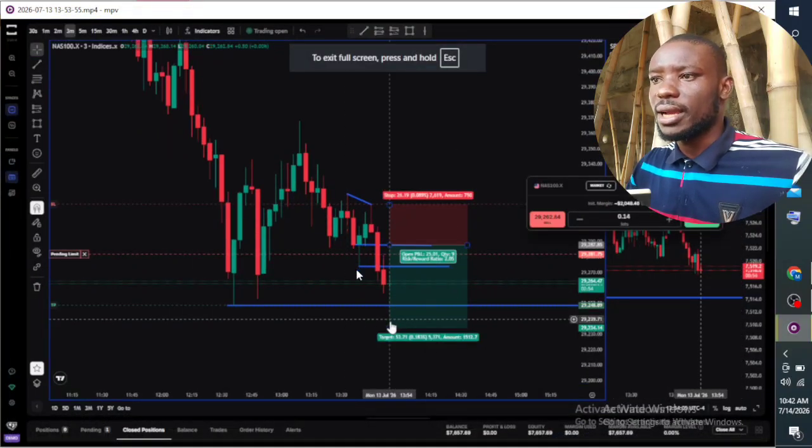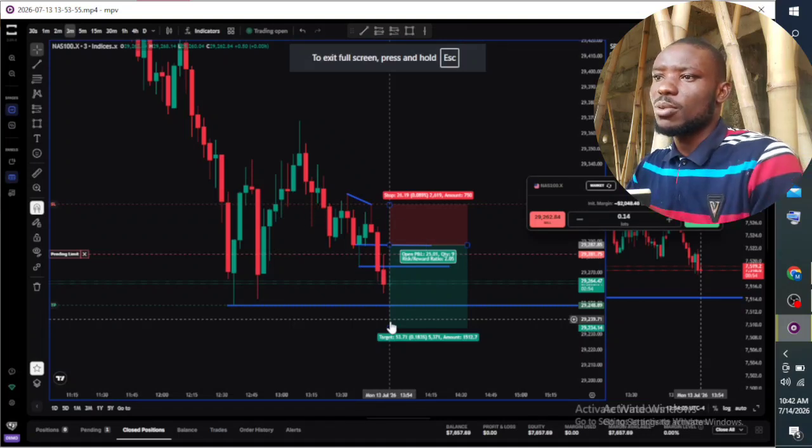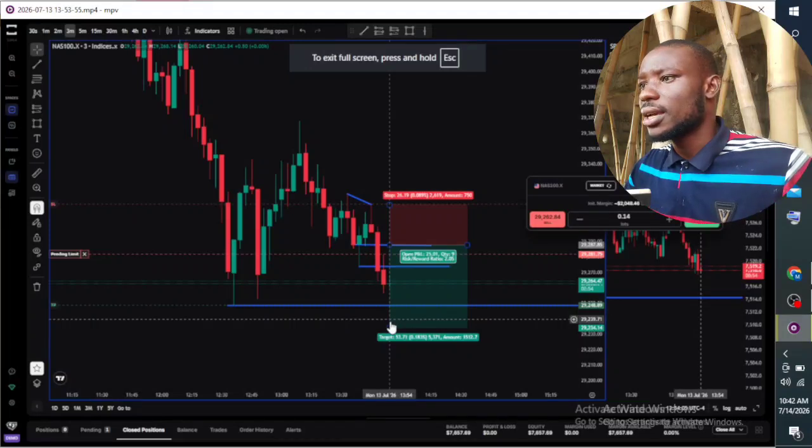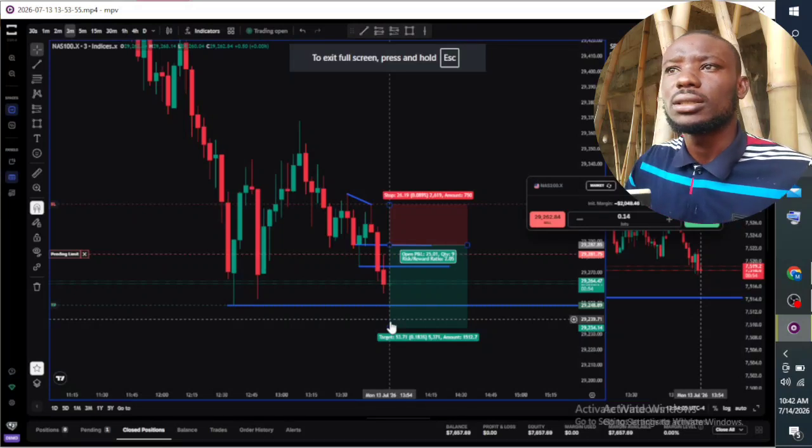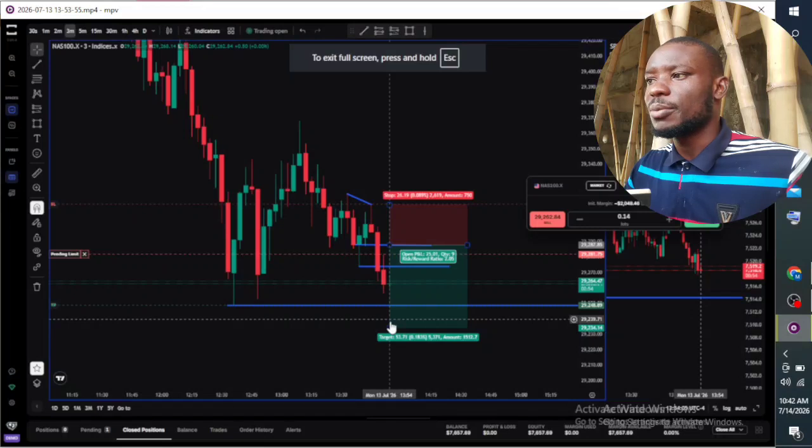This was the place I got in. It was a sell limit actually, and like I explained before, I had SMT above this high. You can see the SMT above this high. It's pretty close now, so I should have shown you the SMT. Going back, this was a 3-minute time frame. I was strictly on a 3-minute time frame, so that was why I wasn't able to pinpoint the exact point I got into the trade.